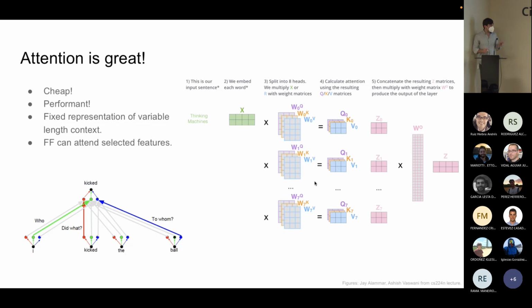It gives us, as I said before, a fixed representation of a variable length sentence, and it allows the feed-forward network in the next stage to check the features that it is interested in. The feed-forward network doesn't have to do the work of extracting the features that it needs and then processing them. Feed-forward can just attend the selected features that the attention has already put in each word.